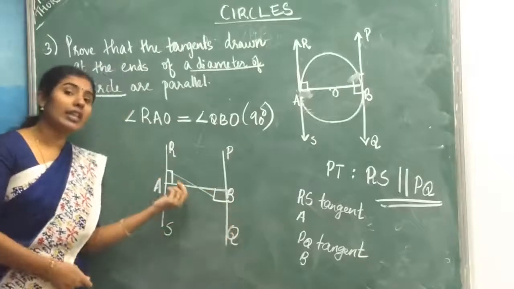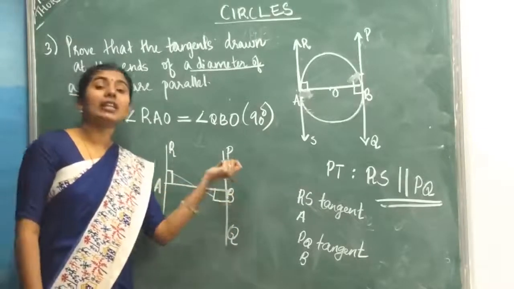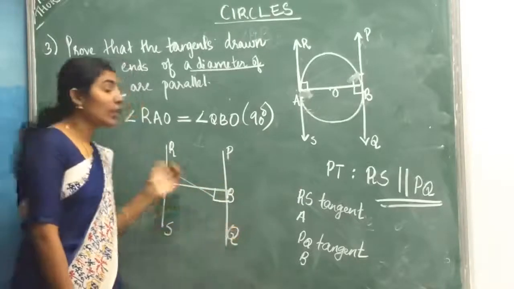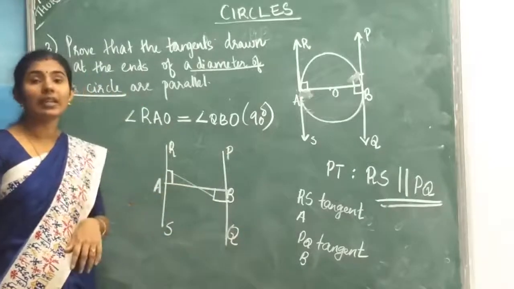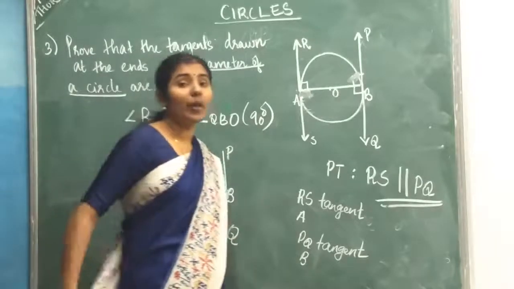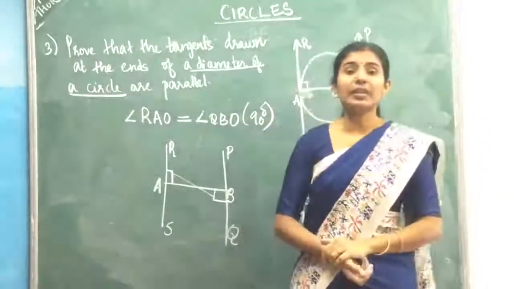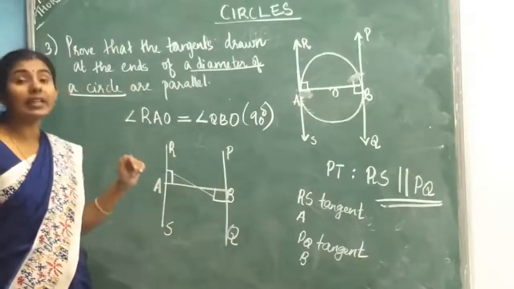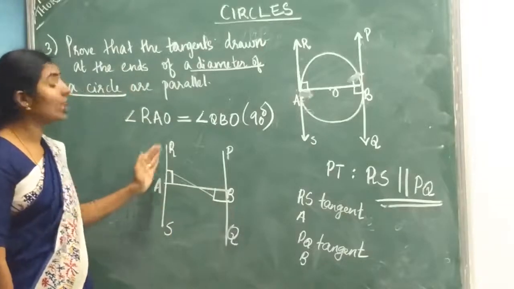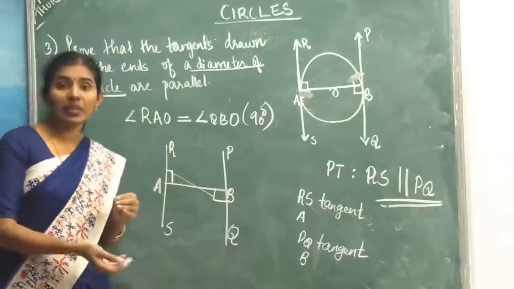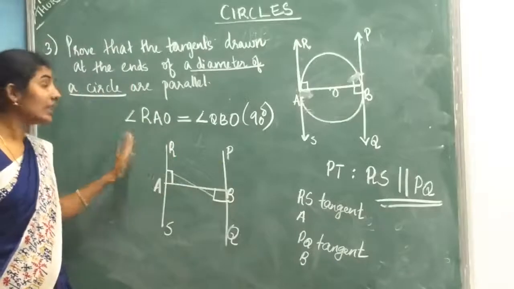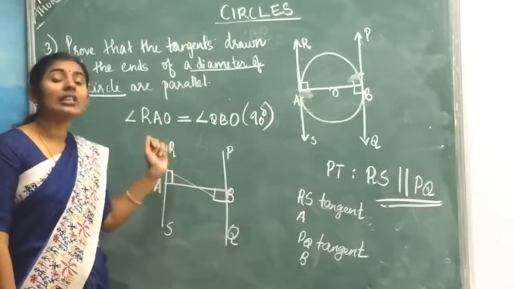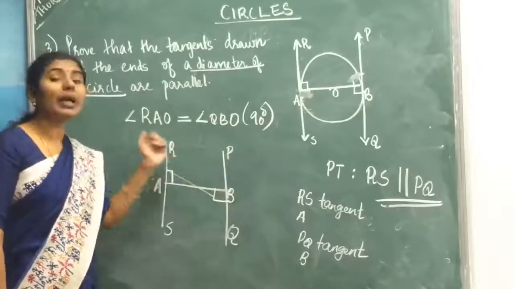So when alternate interior angles are equal, what can you say? The two lines are parallel. This is the property of parallel lines you have studied in previous classes. What is the property? When two lines are intersected by a transversal, if the alternate interior angles are equal, then we can say the two lines are parallel.